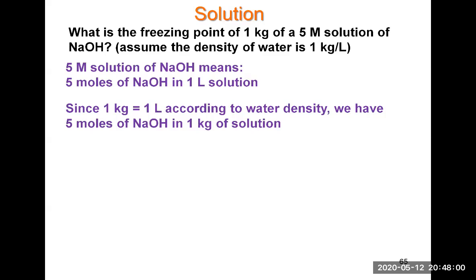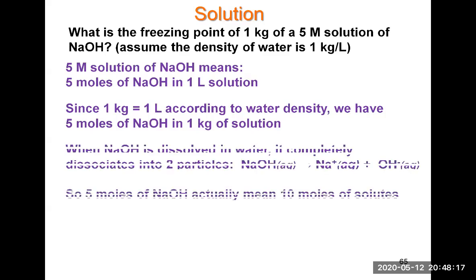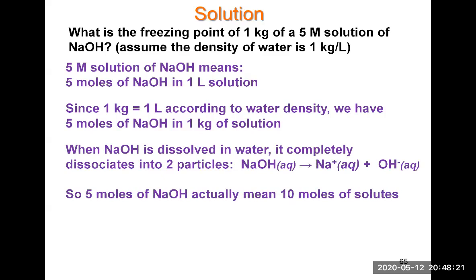When NaOH is dissolving in water, it will dissociate into Na+, because Na, being an alkali metal from group 1A, makes the ion Na+. And then we have OH-, the polyatomic ion. So when NaOH is dissolved in water, it completely dissociates into two particles, Na+ and OH-.